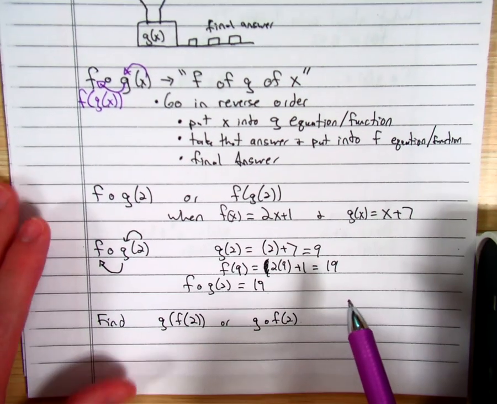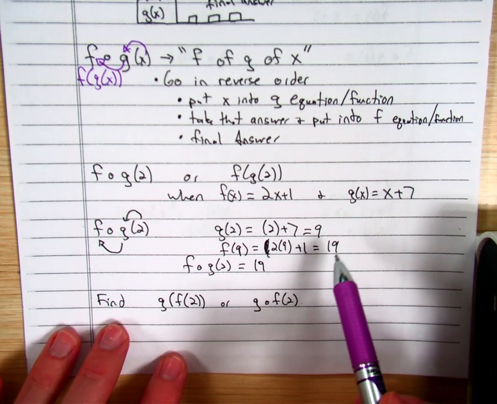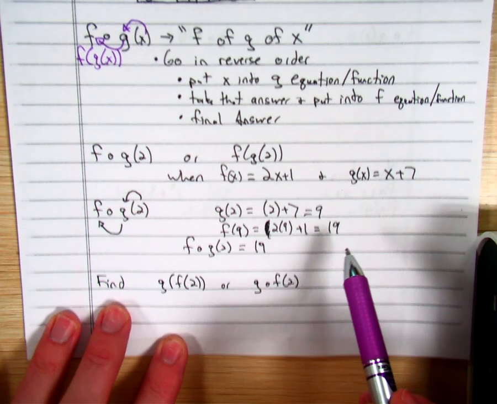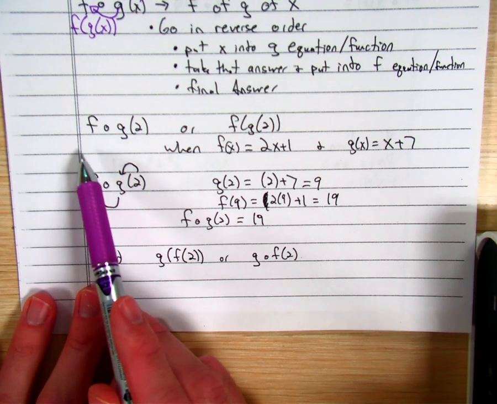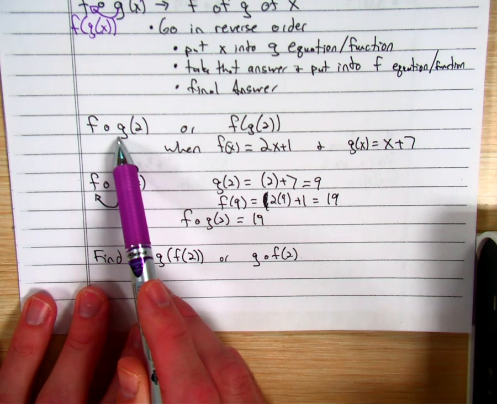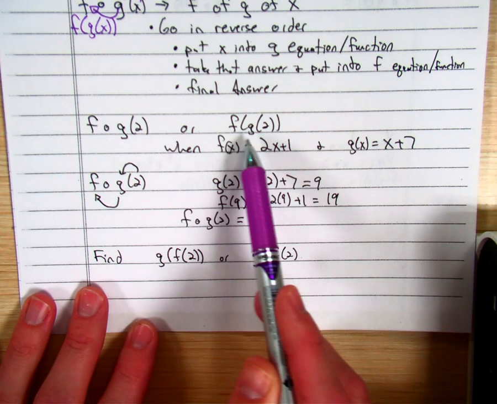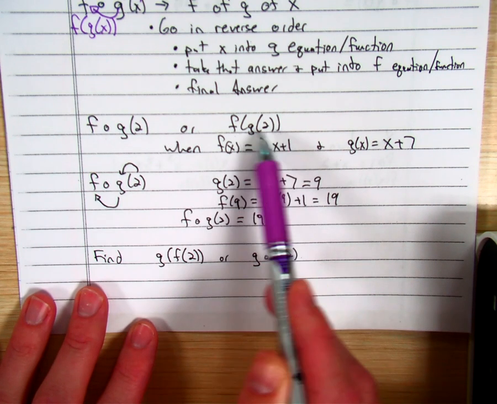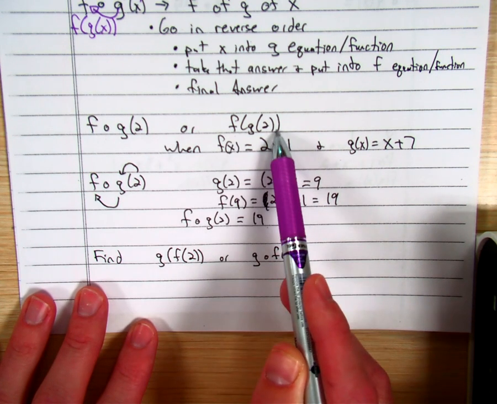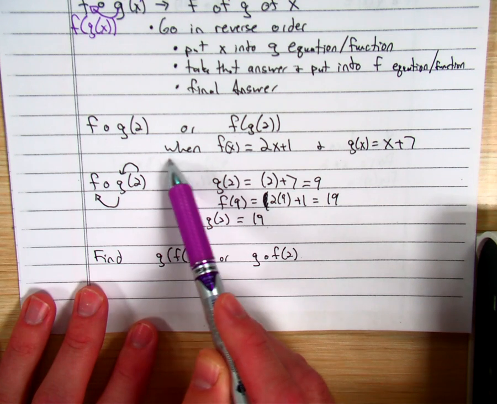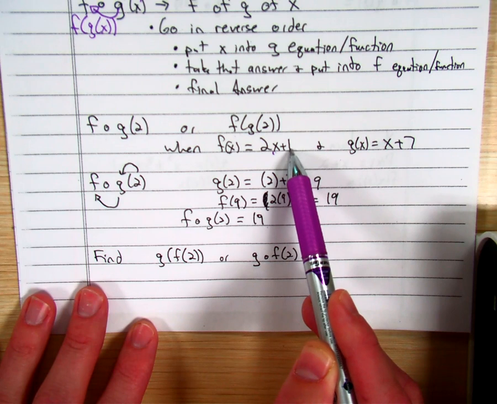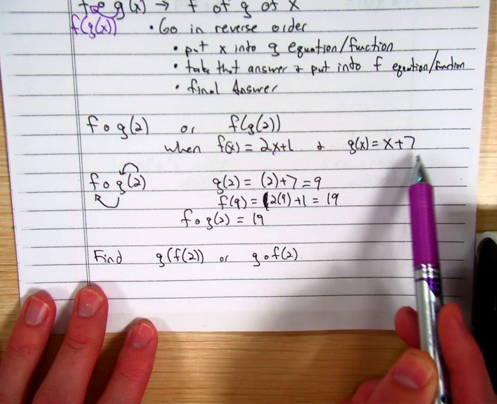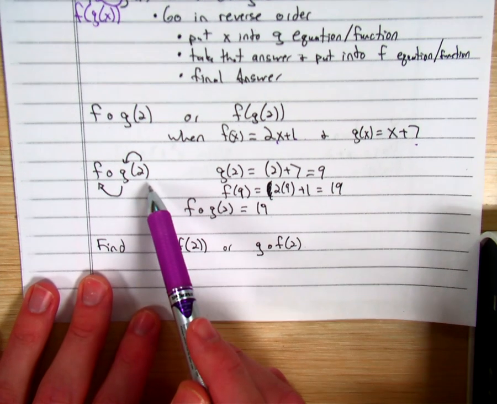We're going to start you off with numbers first, and then we're going to progress on to letters only. So f of g of 2, or you could also write it f parenthesis g parenthesis 2. It's the same thing. When f of x equals 2x plus 1, and g of x equals x plus 7. We're going to go in reverse order.